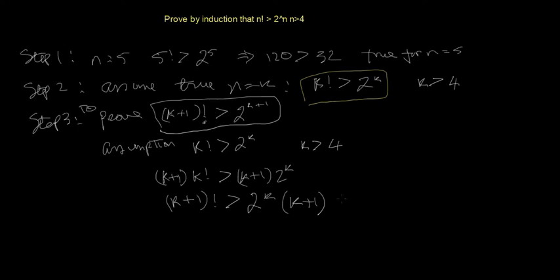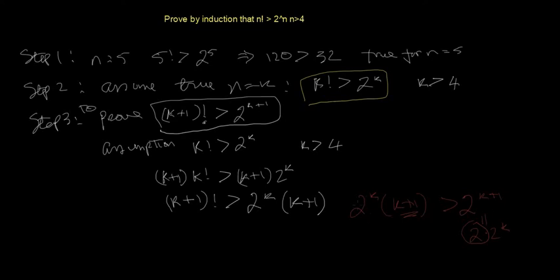Okay, now we've actually proved it, because 2 to the power of k by k plus 1 is greater than 2 to the power of k plus 1. This 2 to the power of k plus 1 is just equal to 2 to the power of 2 multiplied by 2 to the power of k, and this 2 is a lot less than k plus 1, because k has to be greater than 4, so k plus 1 has to be greater than 5, and 5 is greater than 2.